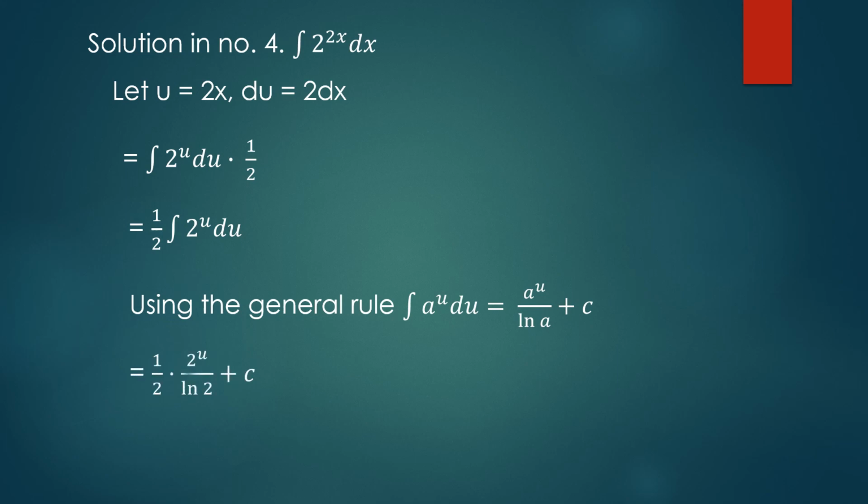Next to that is equivalent to 1 half times 2 to the power of u over ln of 2 plus c, because 1 half is being factored out. Finally, we have 2 to the power of 2x over 2 ln of 2 plus c.